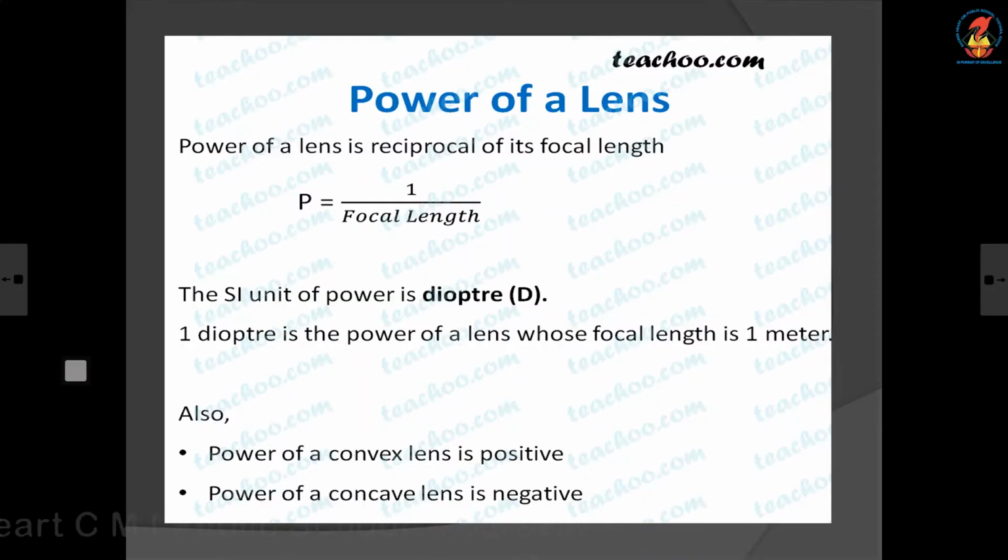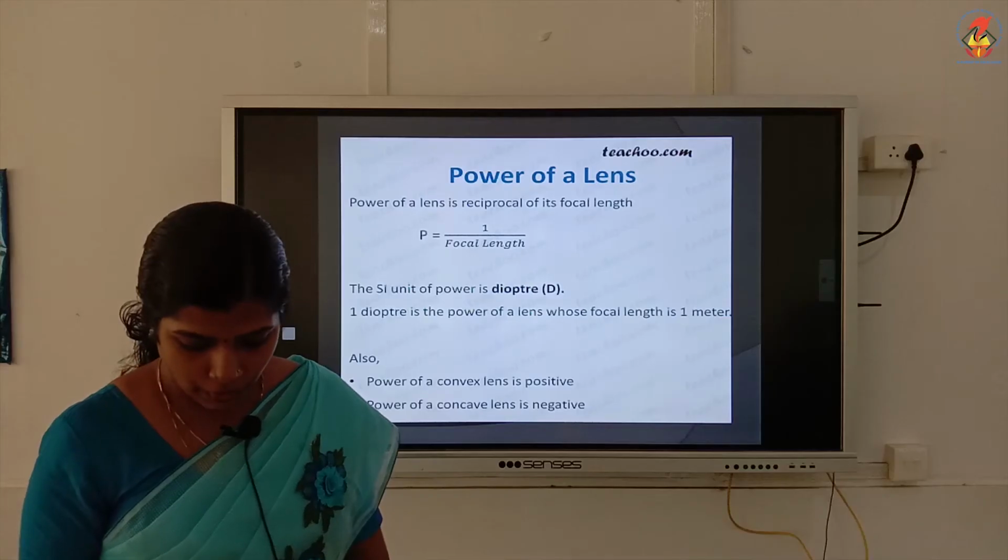Power of lens is defined as the reciprocal of the focal length in meters. That is known as the power of lens.